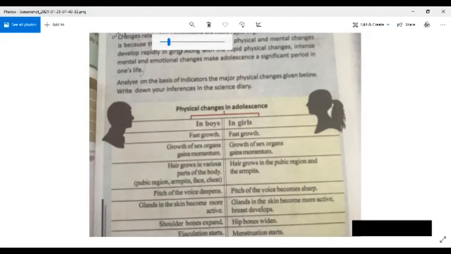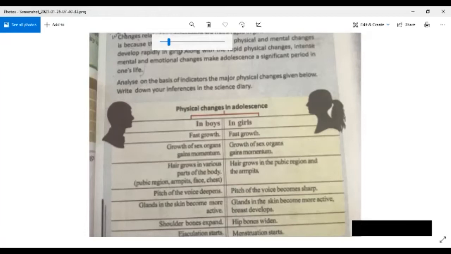Glands in the skin become more active for the boys, and in the girls, glands in the skin become more active and the breasts develop. Then shoulder bones expand in boys, and in girls, hip bones widen. Then ejaculation starts for the boys, and in girls, menstruation starts.